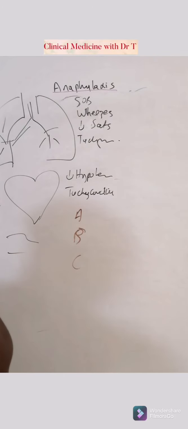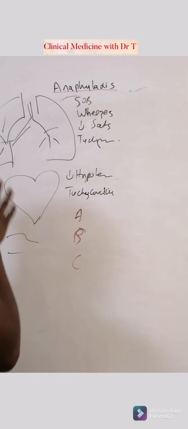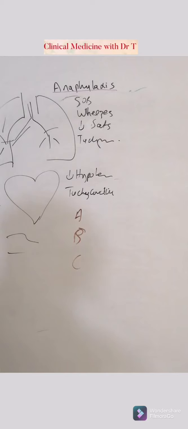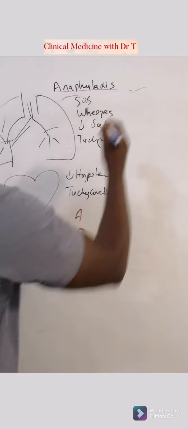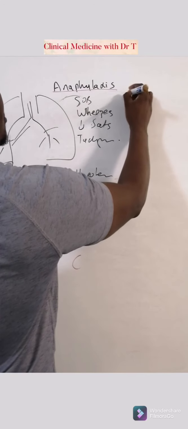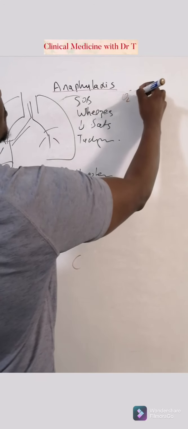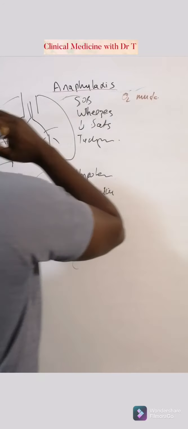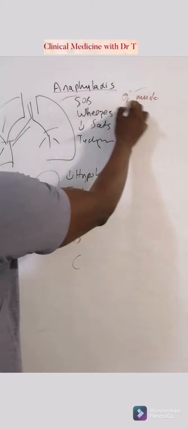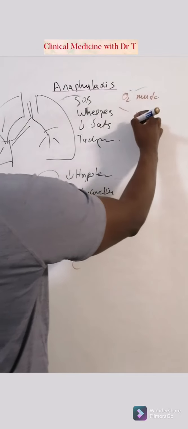If the airway and the breathing is affected, do something about that. But if the airway is patent but they're just distressed, dropping in sats less than 94, you can start them on an O2 mask, and this can get to a point whereby they need intubation.